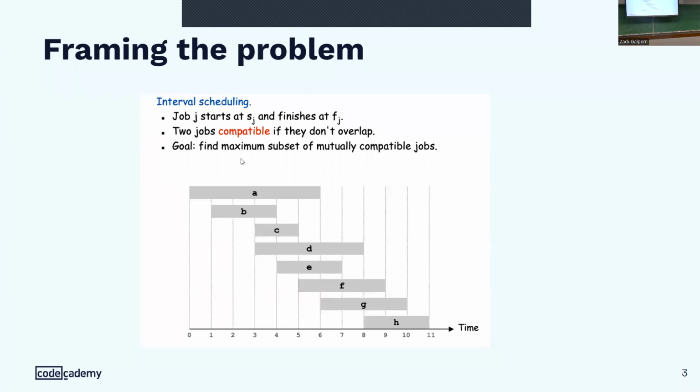In this example, you have all these intervals. A goes from 0 to 6, B goes 1 to 4, and so on. You basically want to find the maximum subset of compatible jobs. You can't have 2 jobs that overlap, or else it wouldn't be possible. I'll go over some not great algorithms and then the optimal.